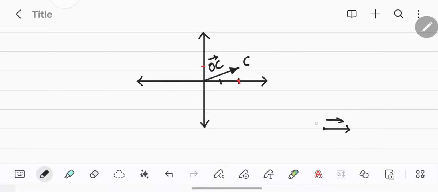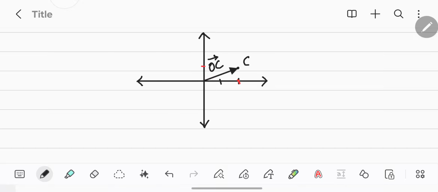Since you are going this side, your opposite side is this one, so I will go to this side. The opposite vector means another vector which makes an angle of 180 degrees. So I have to find an opposite vector of OC. If OC is going this way, the opposite must go this way.